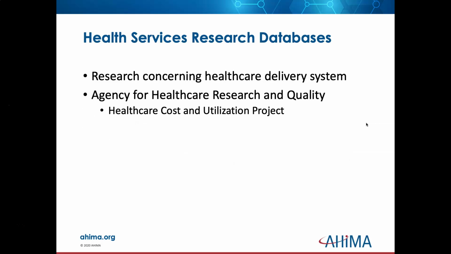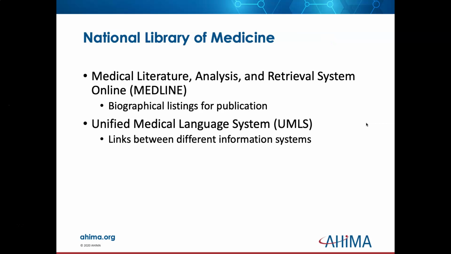Health Services Research Databases, these are available. AHRQ has a lot of databases that people use for healthcare cost and utilization. There's just so much out there. You really just need to know where to go and look. National Library of Medicine, sorry, I was thinking of the other one.